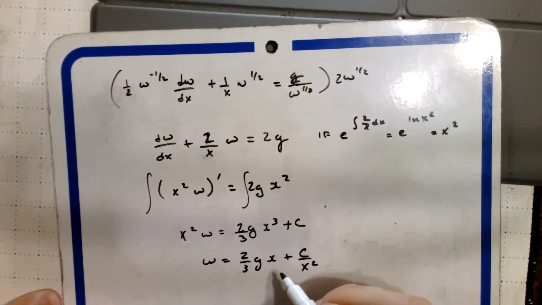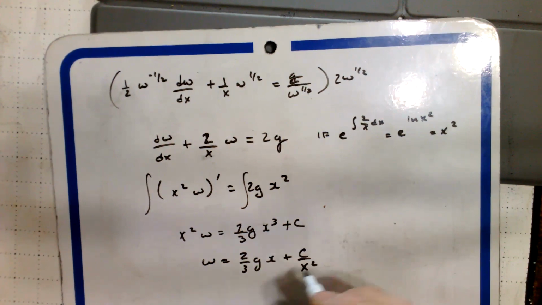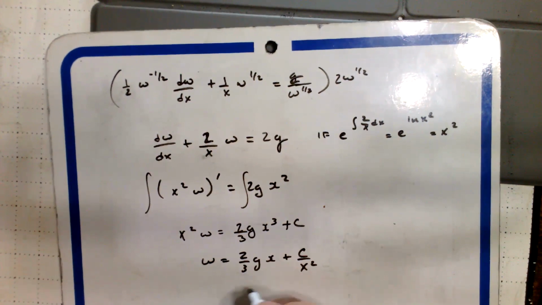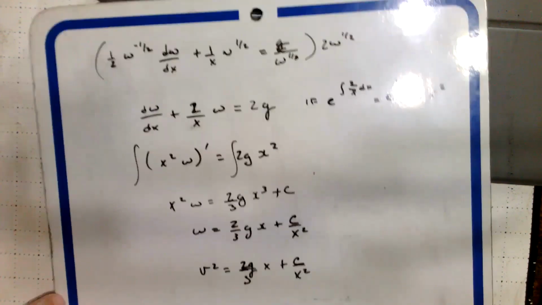And remember, W was equal to v squared. So v squared equals 2g over 3 x plus c over x squared.